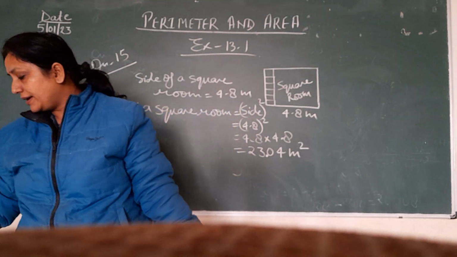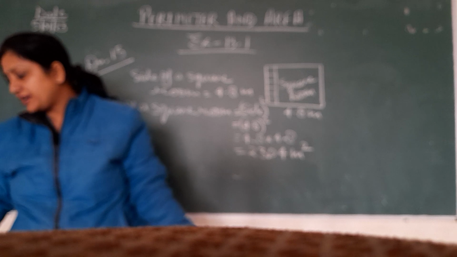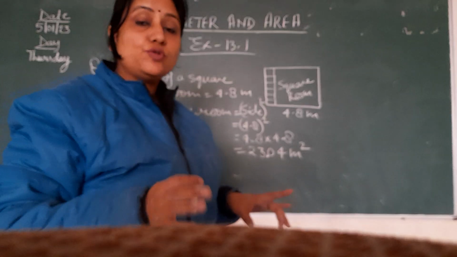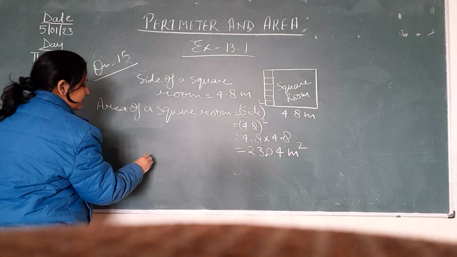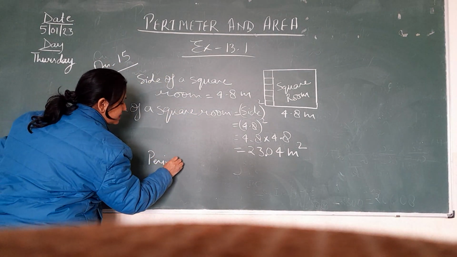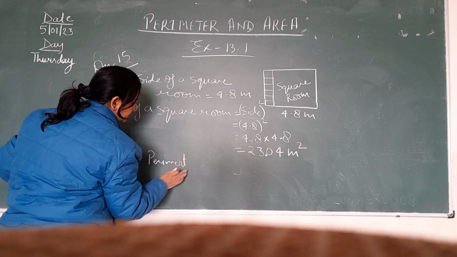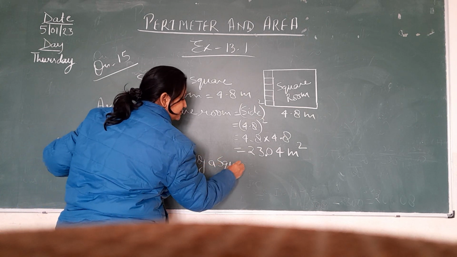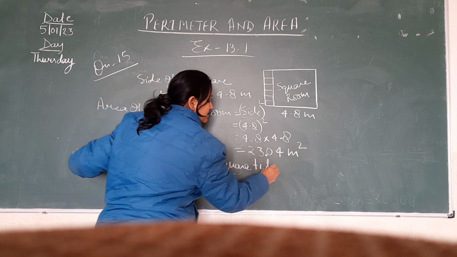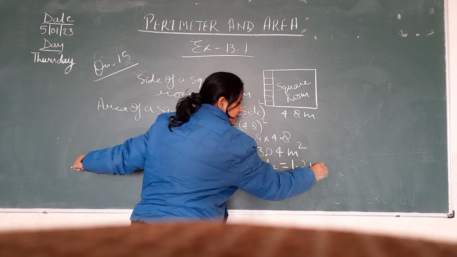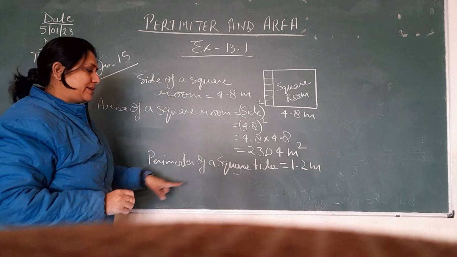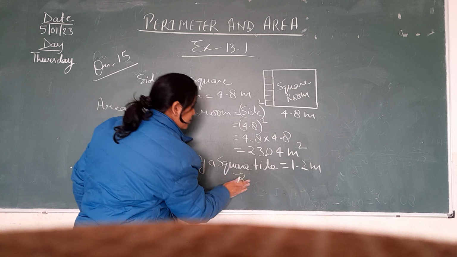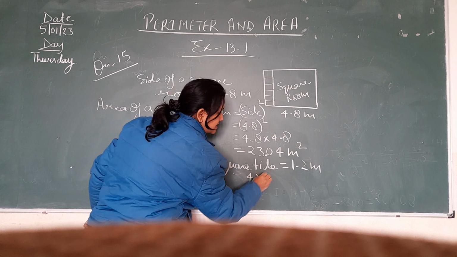Now it is given the floor is covered with, अब इस रूम को हमें कवर करना है किससे, स्क्वायर टाइल से, whose perimeter is given. So the perimeter of a square tile is given as 1.2, and we know that the perimeter of a square is equal to 4 into side.